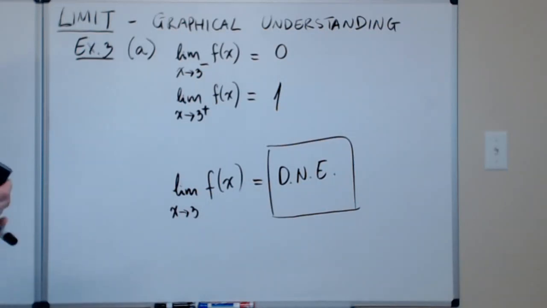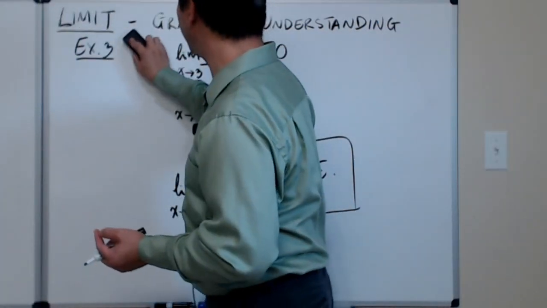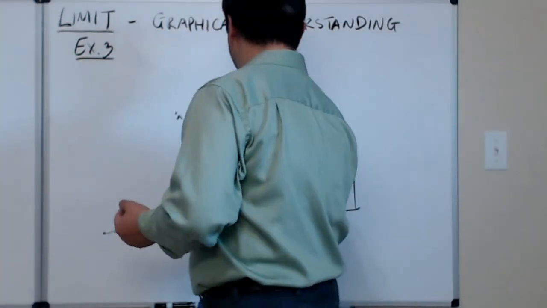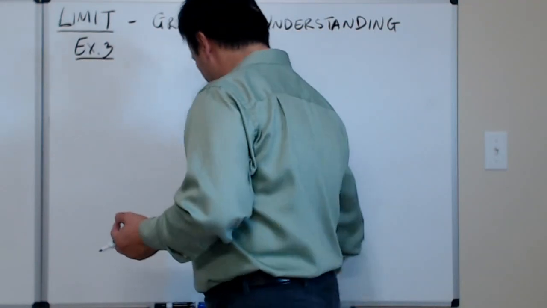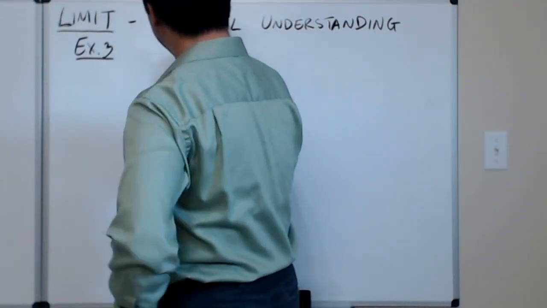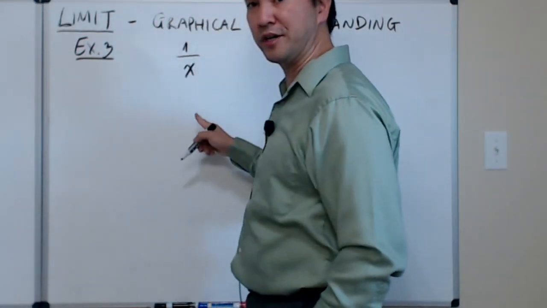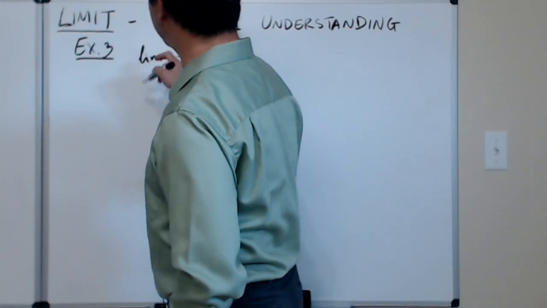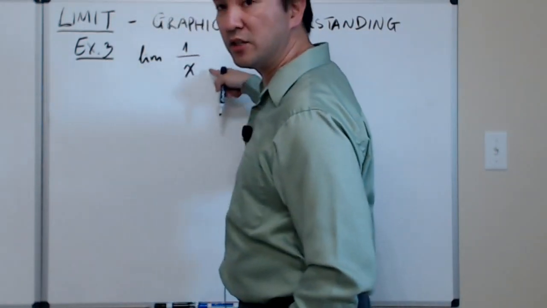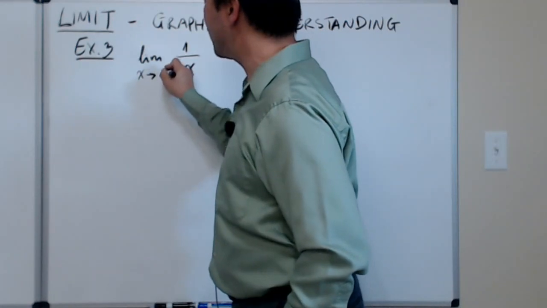I'm just going to be very brief on part B of our example 3 here. In example 3, I also introduced this famous function that everybody knows by heart since your algebra course, the 1 over x function. We want to find the limit of 1 over x by letting x come close to 0.